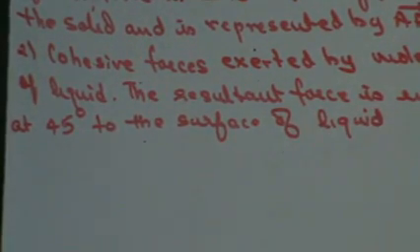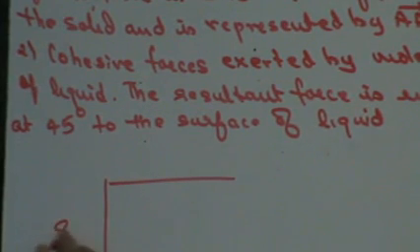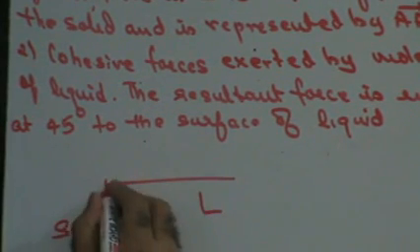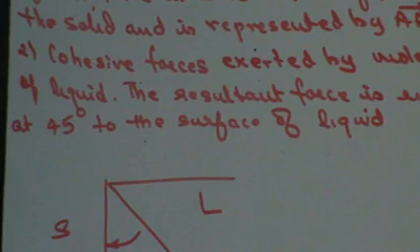Question: so why 45 degrees only? Right? Because there is going to be an equal amount of adhesive force exerted by molecules of solid. So total is 90 degrees. There are some molecules that are being attracted by molecules of solid. This is solid. This is liquid. You have molecules being attracted on this side.